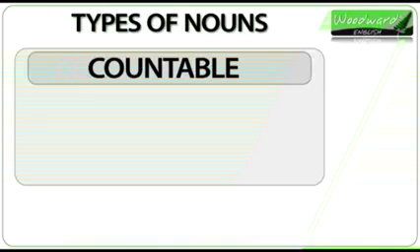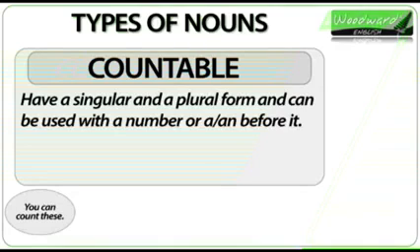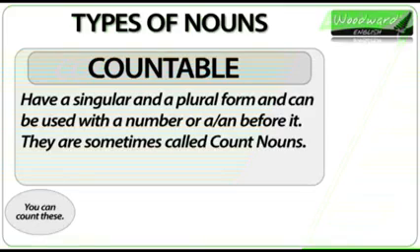Countable nouns. Countable nouns are nouns that can be counted. Countable nouns have a singular form and a plural form and can be used with a number or with a or an before it. Sometimes countable nouns are called count nouns.